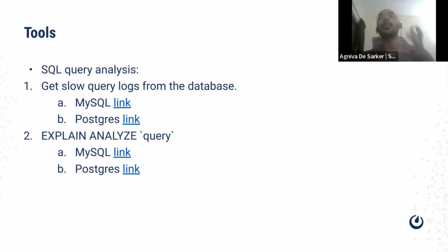You can look at the Grafana graphs and see that this API or store method is performing poorly, but a lot of times that is not granular enough, because a given store method can run multiple SQL queries in a single transaction, and then you don't have visibility of exactly which query is taking how long. So getting the slow query logs from the database is very helpful to dig deep and understand exactly which query is taking 10 seconds. Then you take the query and ask the customer to run EXPLAIN ANALYZE on it.